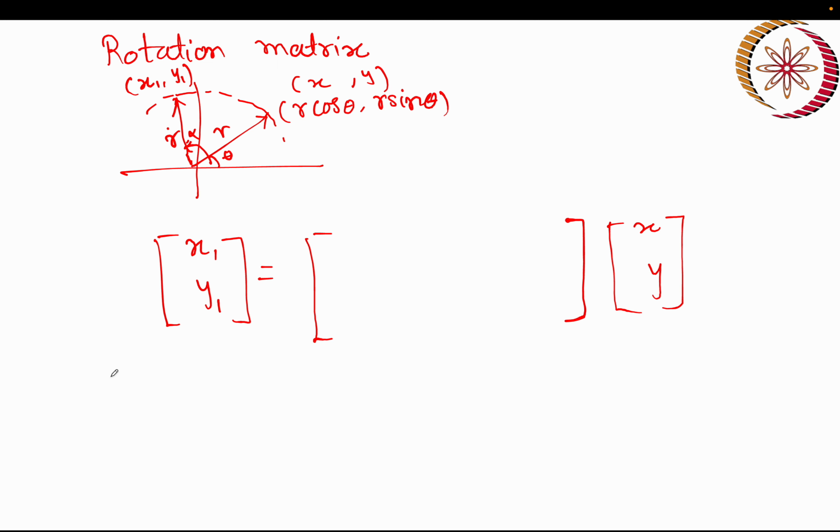For x1 and y1, the coordinates are r cos of the angle theta plus alpha, and r sin of theta plus alpha.